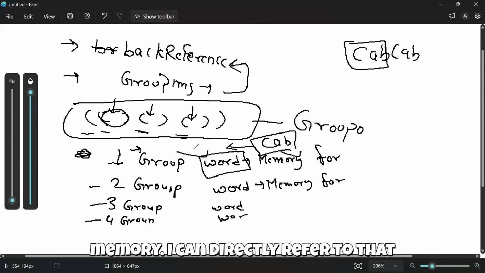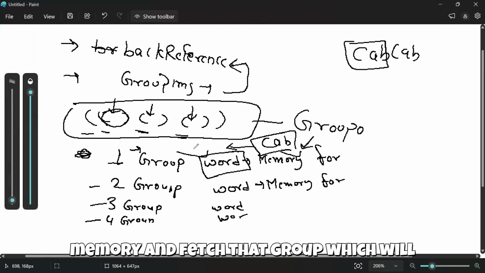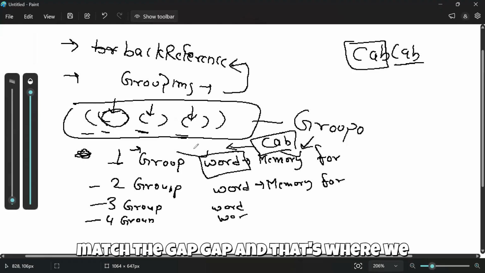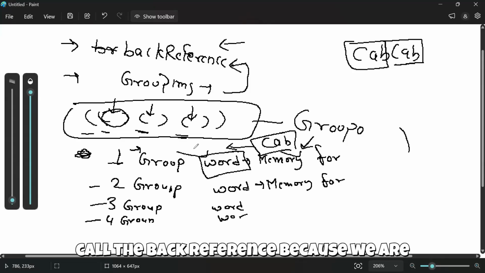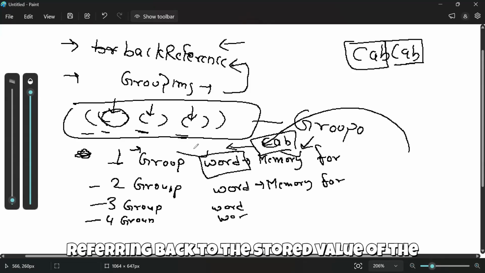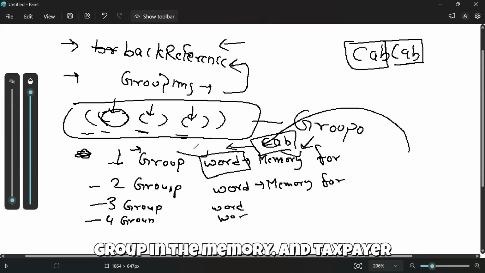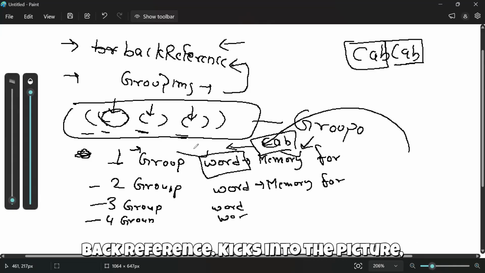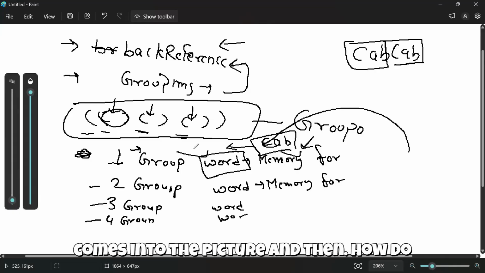I can directly refer to that memory and fetch that group, which will match the cab. And that's what we call the back reference, because we are referring back to the stored value of the group in the memory.